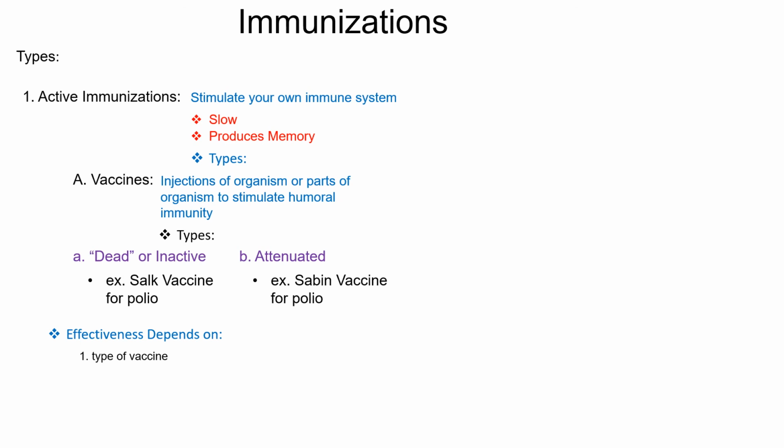And because the shape is not perfectly the same as when it was virulent, alive, that's a problem because our immune system, remember, is a lock and key. So the vaccine, when it is inactive, doesn't always give you the best type of immunity. The second one, the attenuated one, will give you wonderful immunity because it's the real thing.